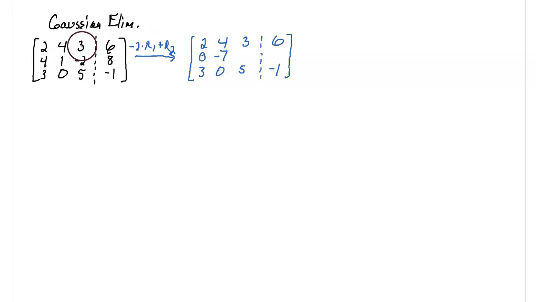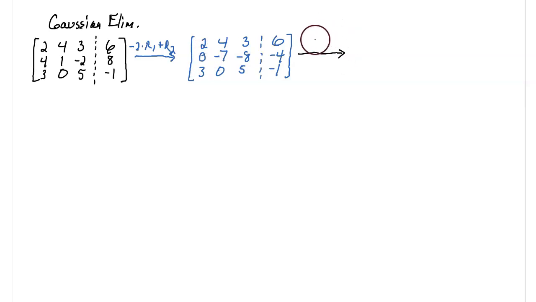Negative 2 times 3 is negative 6. Negative 6 add negative 2 is negative 8. Negative 2 times 6 is negative 12. Negative 12 add 8 is negative 4. I did not have to choose that row operation as my first step. However, it did create a 0 in this position.